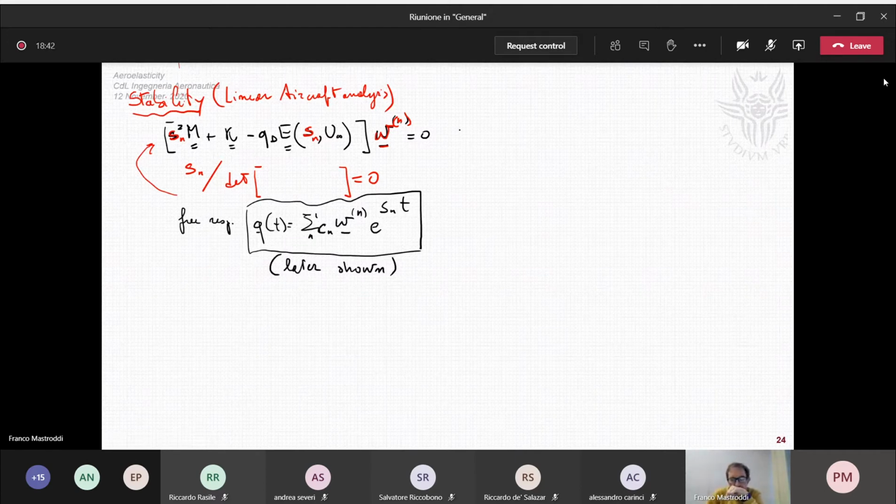We have two possibilities for solving this equation. The first possibility: this is not a standard eigenproblem.